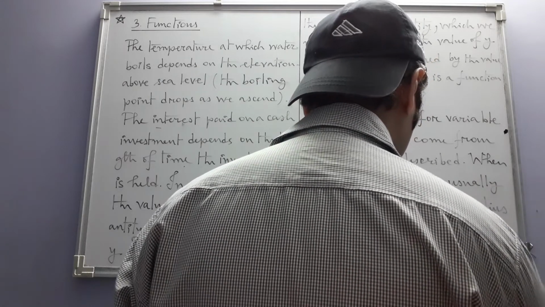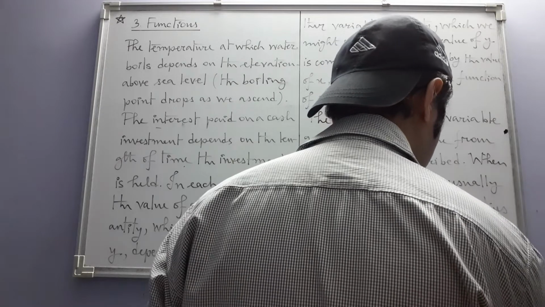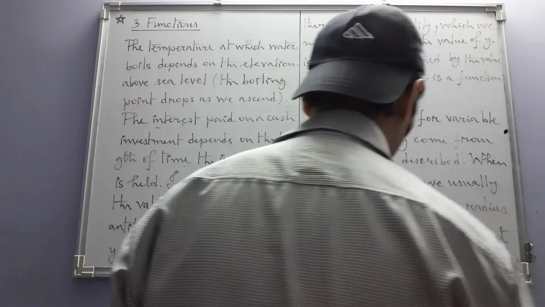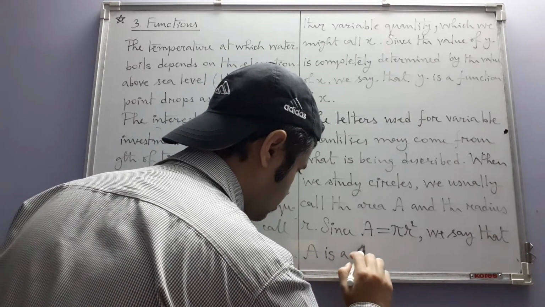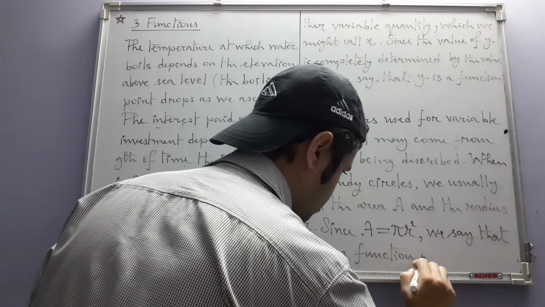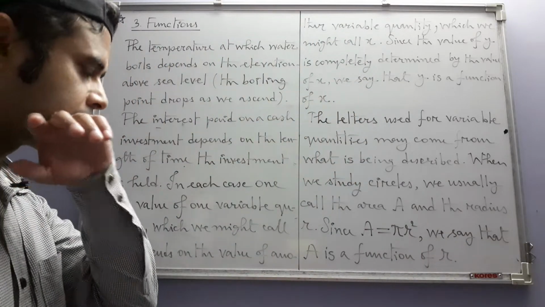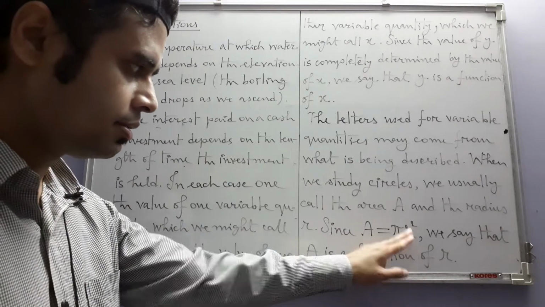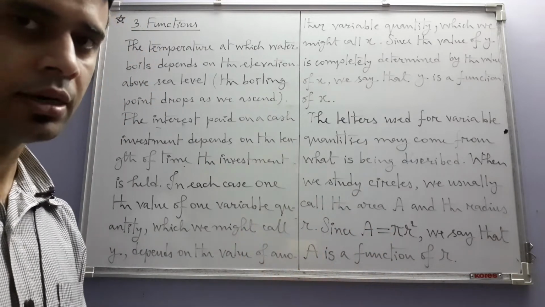We say that a is a function of r. So if a circle has radius r, then its area is equal to pi r square.